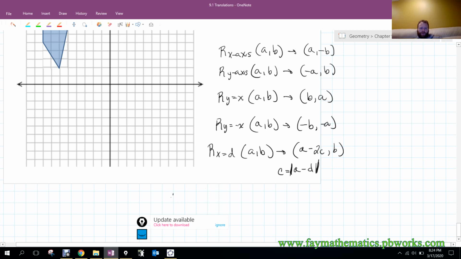And the same thing happens when I want to go over y equals D of A comma B. Then it's going to be A, but now it'd be B minus 2C, where again C is equal to the B value that you started with minus that D that you're reflecting across.